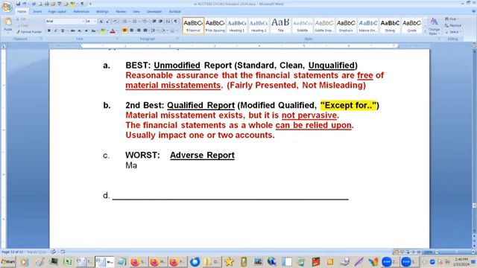This is when material misstatements, could be more than one, exist and are pervasive throughout the financial statements.